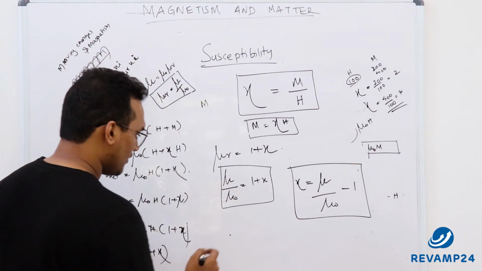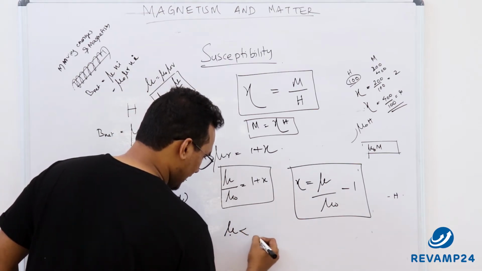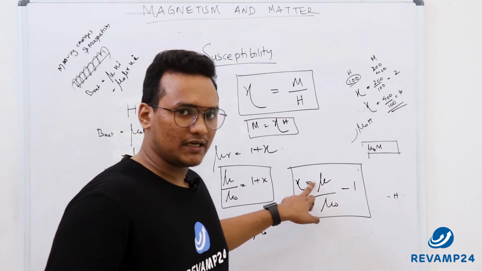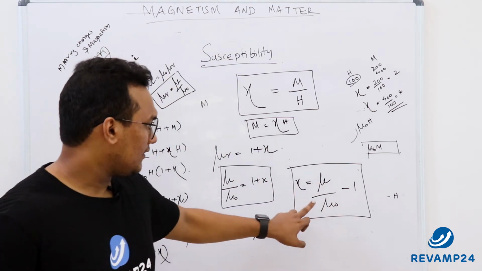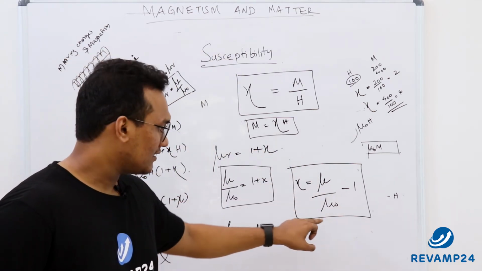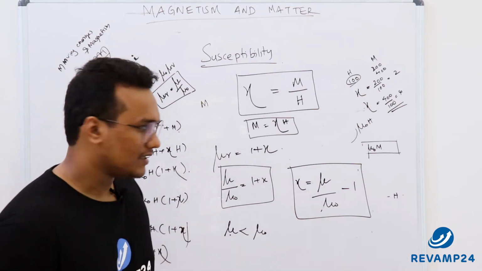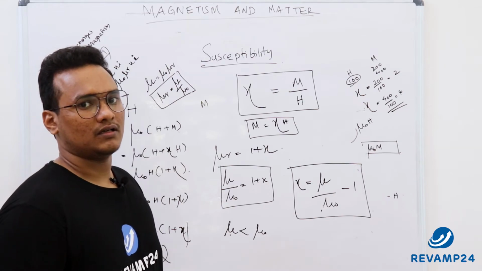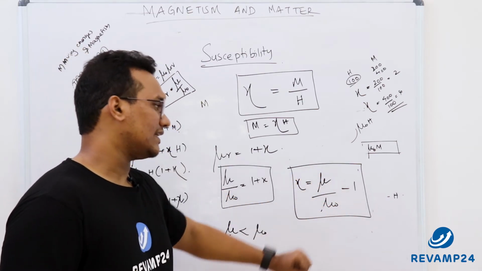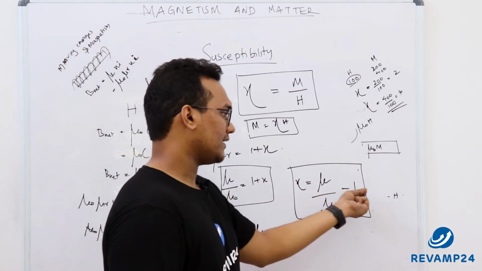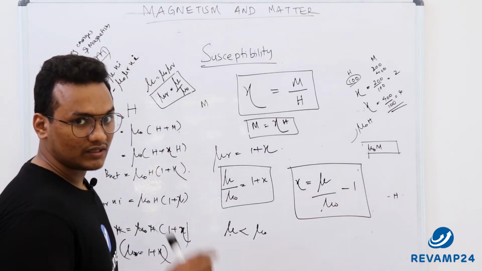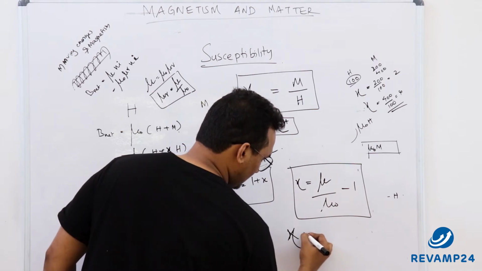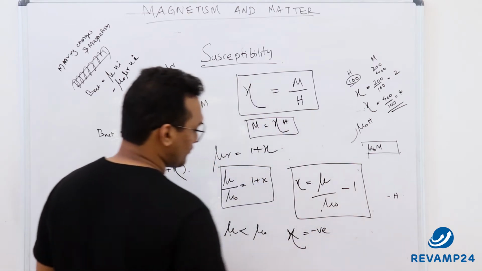One thing is, when mu is less than mu0, that is, the permeability of a substance is less than the permeability of free space, then the ratio will be less than 1. If the ratio is less than 1, a small value minus 1 is a negative value, which means susceptibility is negative.